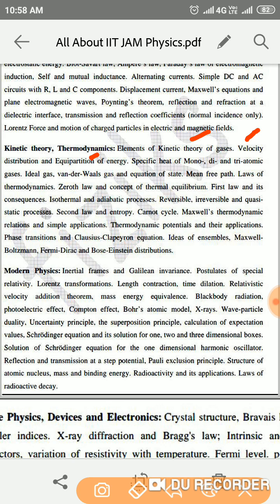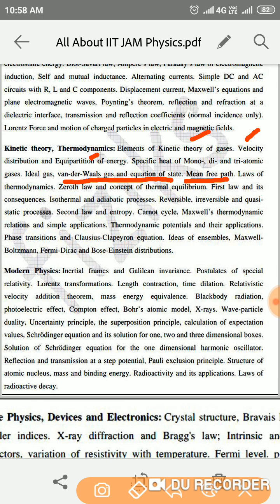You should know about these things. Then specific heat for mono, di, and triatomic gases, and you should have an idea about van der Waals gases and equation of state. These things are important. And yeah, expression for mean free path, and the dependency of mean free path on different things. So that was all for kinetic theory.